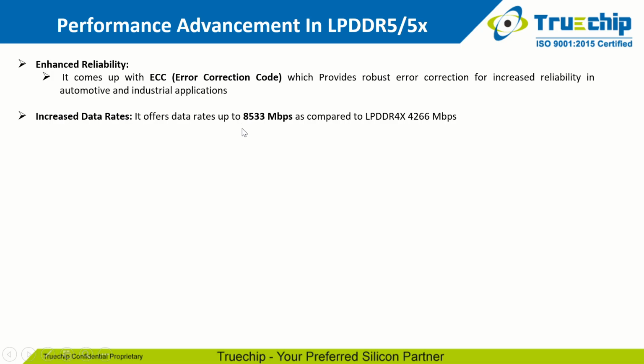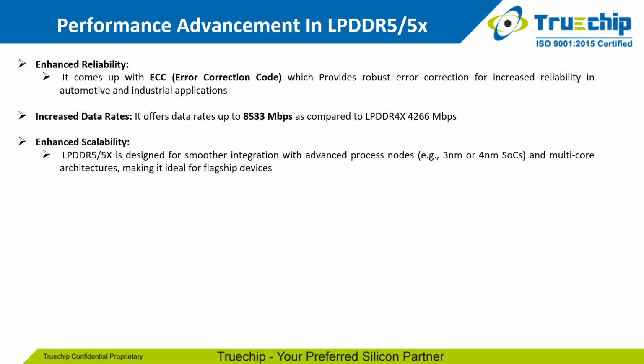It offers data rates up to 8533 Mbps as compared to LPDDR4X 4266 Mbps. Enhanced scalability. LPDDR5X is designed for smoother integration with advanced process nodes, for example 3nm or 4nm SoCs, and multi-core architectures, making it ideal for flagship devices.